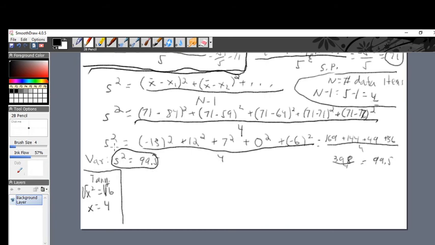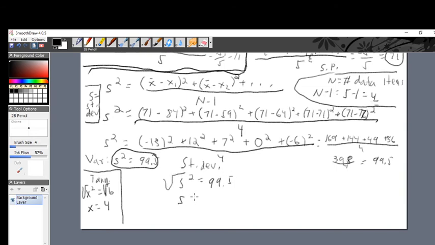So if we want to go from s squared to s, remember, s squared is variance, and we set up there that s is equal to standard deviation. So what if they ask you for the standard deviation? Well, if s squared is equal to 99.5, then take the square root of the left and you'll get s.